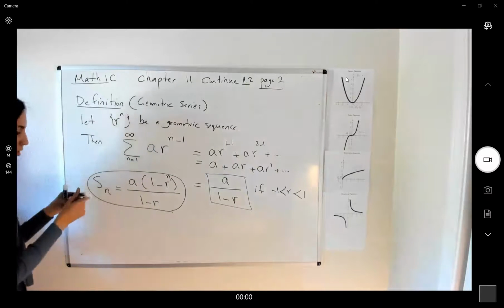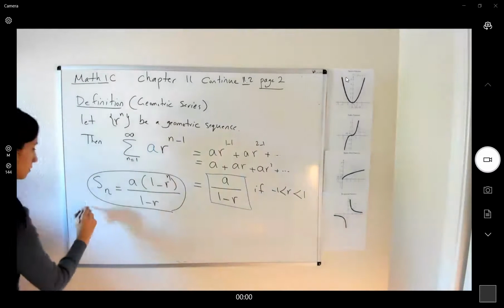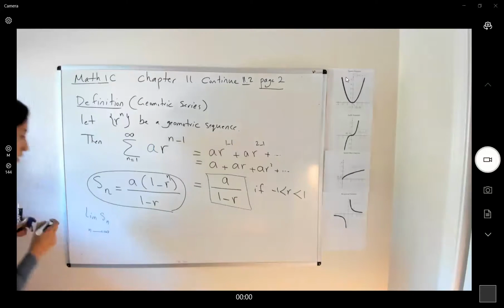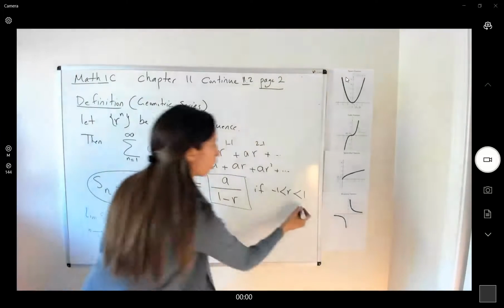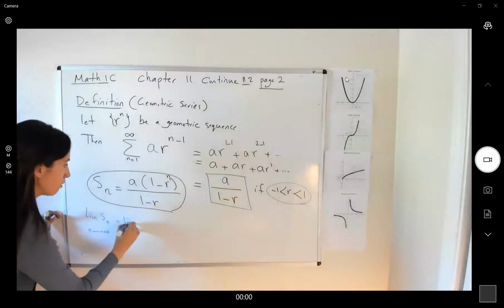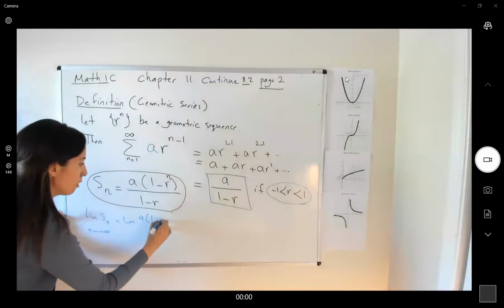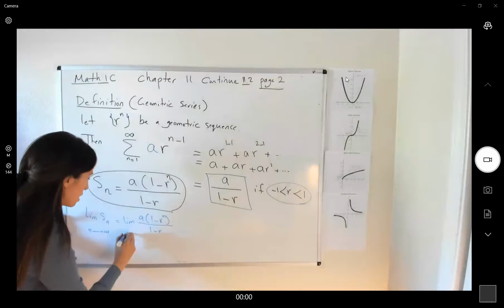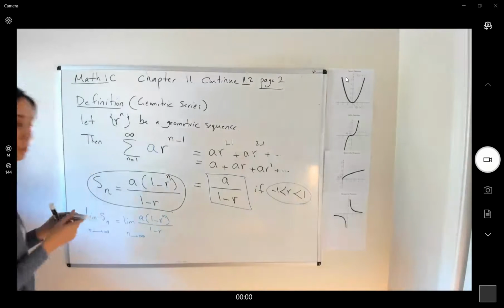If you take the limit of S_n as n goes to infinity, with the condition that r is between -1 and 1, this is the limit of a times (1 minus r to the n) divided by (1 minus r) as n goes to infinity.